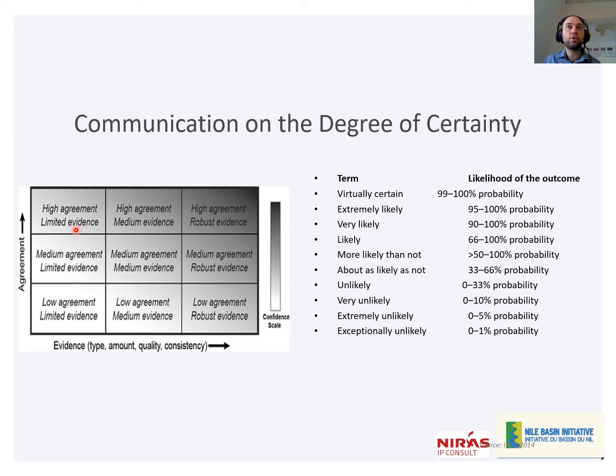If all show the same, then it's high agreement, and if it's more or less lax, then it's low agreement. And also to have a look at the evidence, meaning the type, amount, quality, and consistency of the data sets I currently have available. And once you cross this, you come to a confidence scale of rather high or rather low.